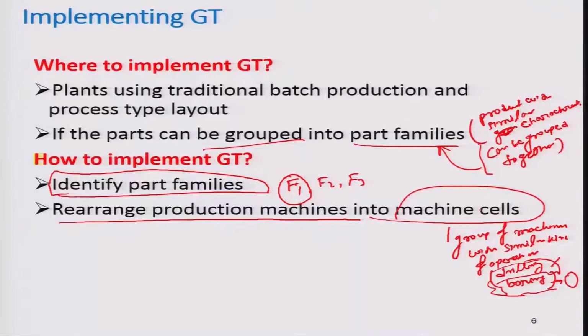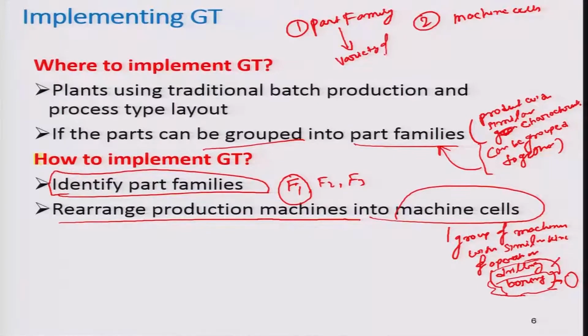So in group technology you will have to do two things first: make part families, and second, machine cells. Part family is a group of a variety of parts, and machine cells are a group of a variety of machines.